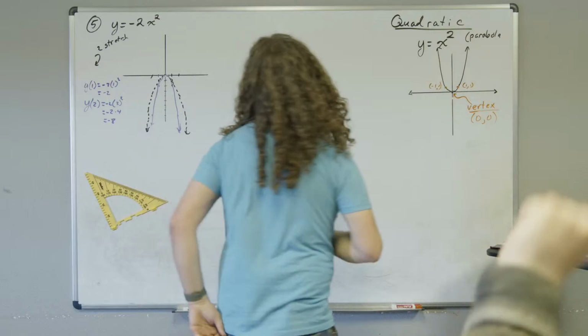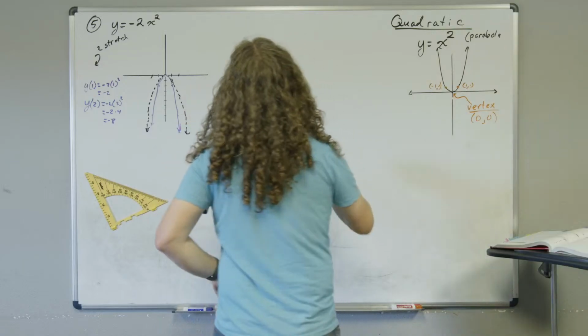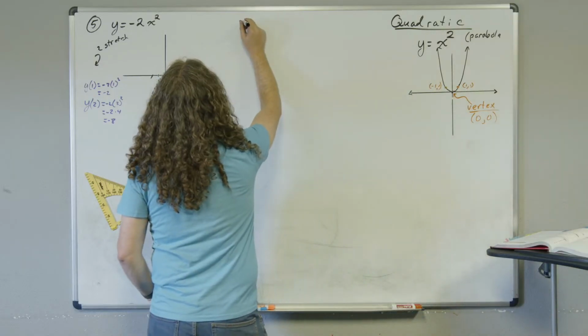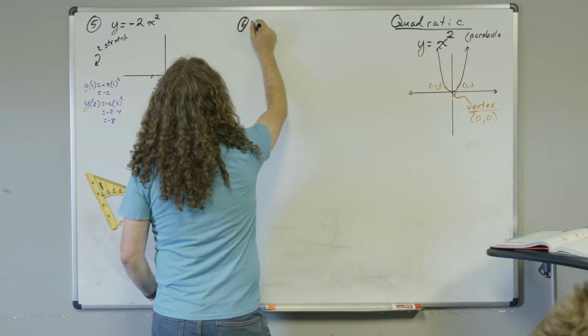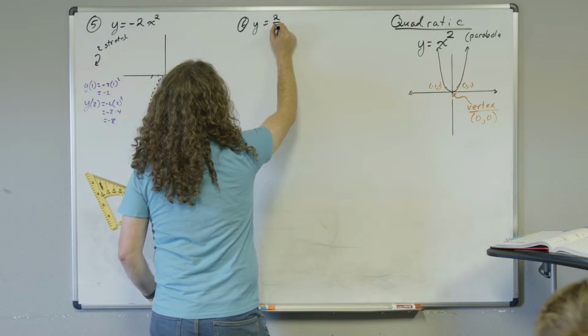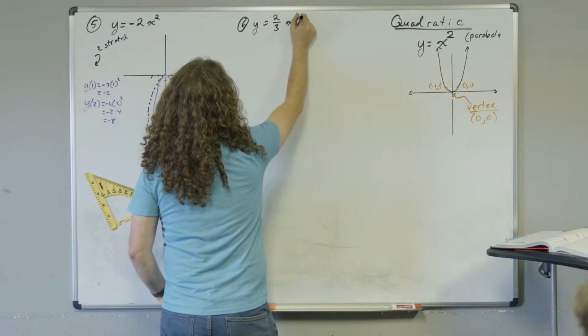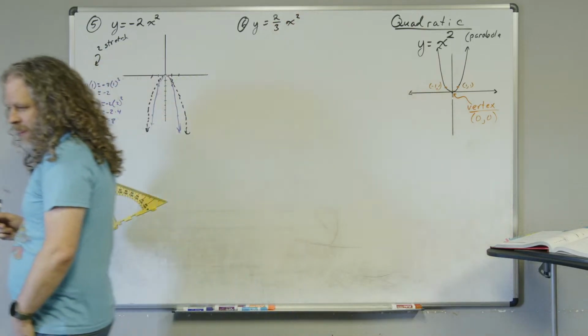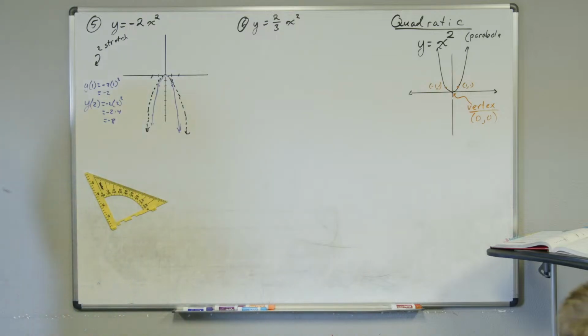Okay, let's do one that's a little bit harder that we definitely want to use some points for. Let's do y equals 2/3 x squared. So what does this do?